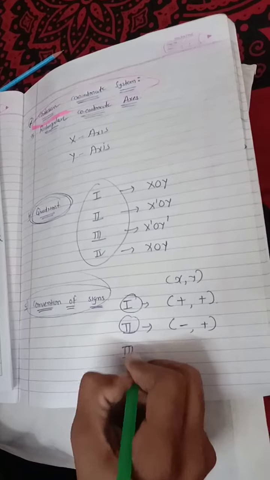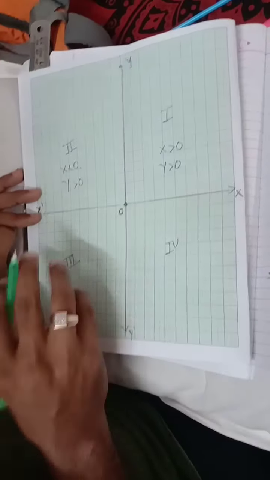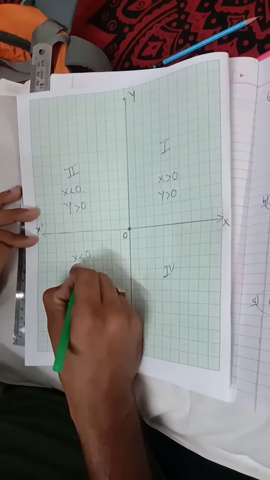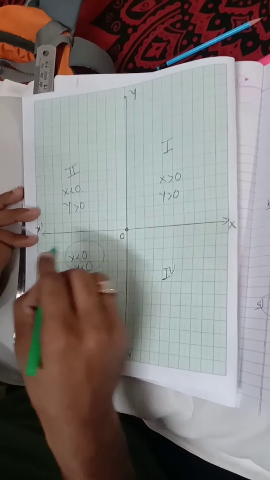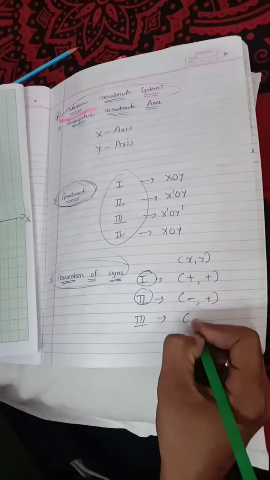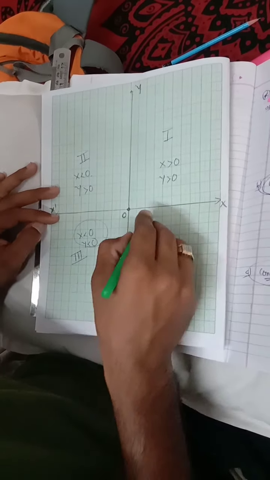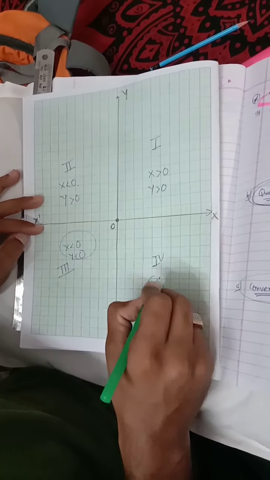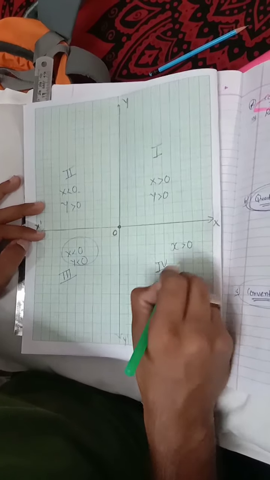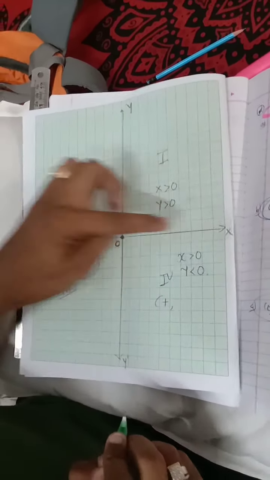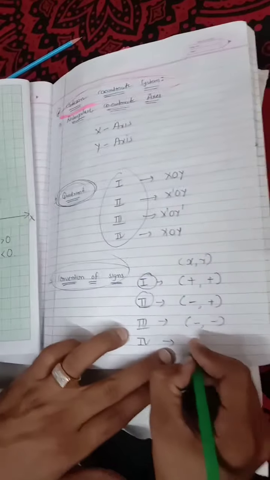Third one, in the third quadrant x is negative, x less than 0, and y is also less than 0. Clear? Both are negative. And in the fourth quadrant x is positive, it means x is greater than 0 and y is less than 0.